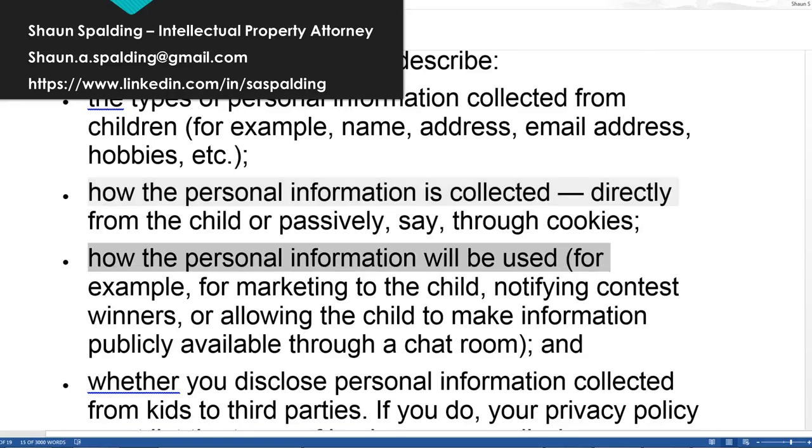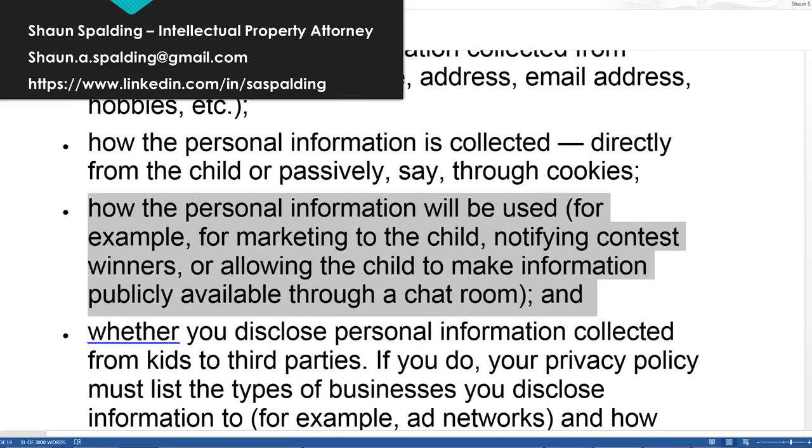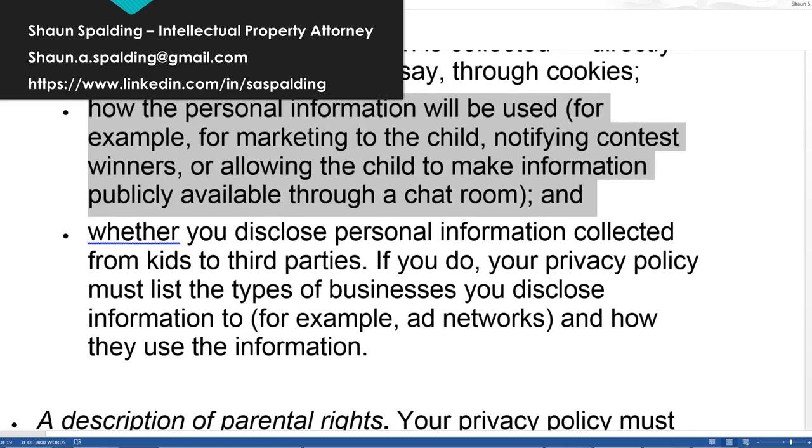You should describe how the personal information would be used. So we're talking about if it's going to be used for marketing to the child, notifying a contest winner, allowing the child to make information available in chat room, instant messaging, etc.